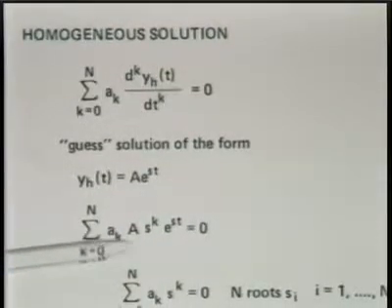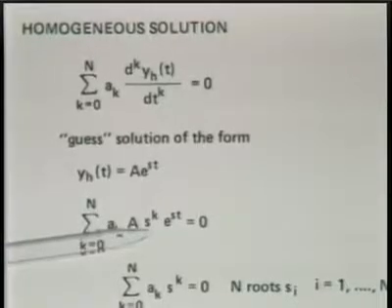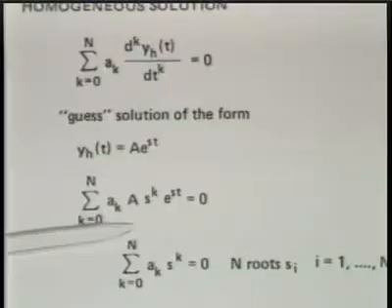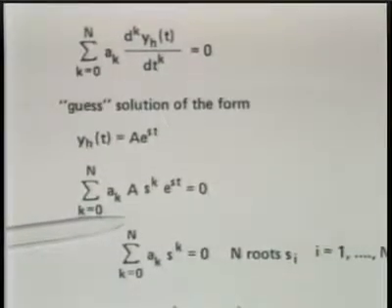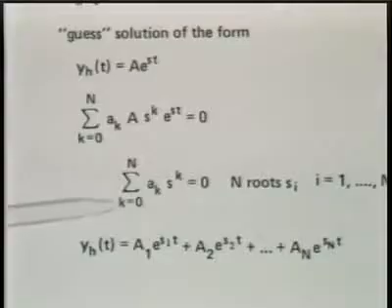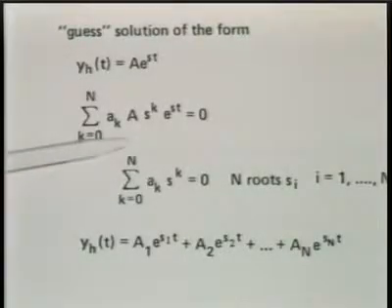The factor a and e to the st can in fact be canceled out, and we find that that equation is satisfied for capital N values of s, and that's true no matter what choice is made for these coefficients.